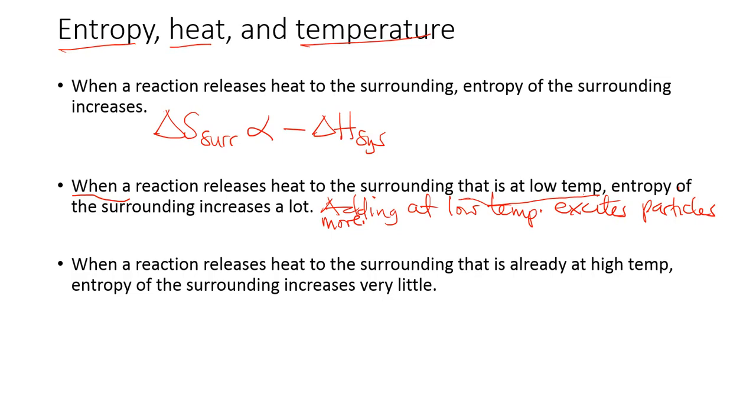The water will say, I'm already moving fast, I don't need to change more. So if you are adding heat to a substance that is already at higher temperature, where the particles are already moving fast, the particles are not going to change that much, and the entropy of the particles is not going to change that much.